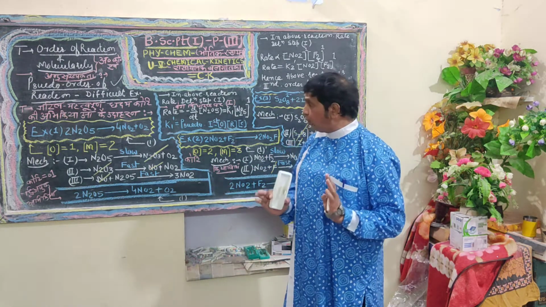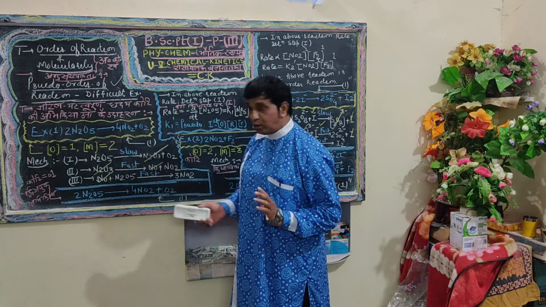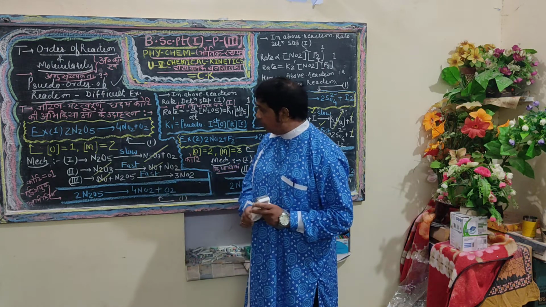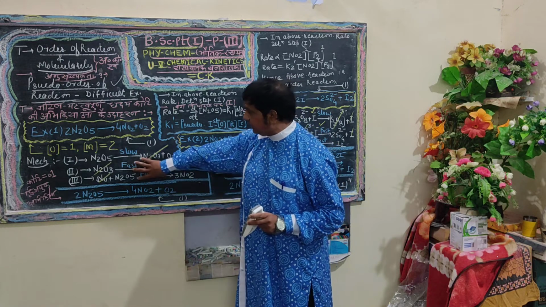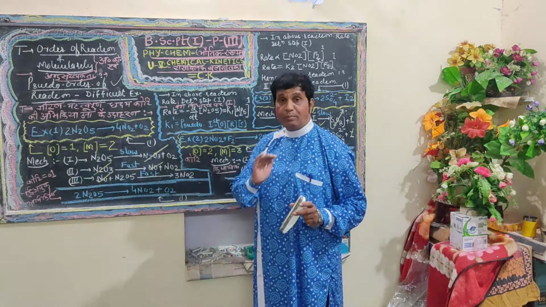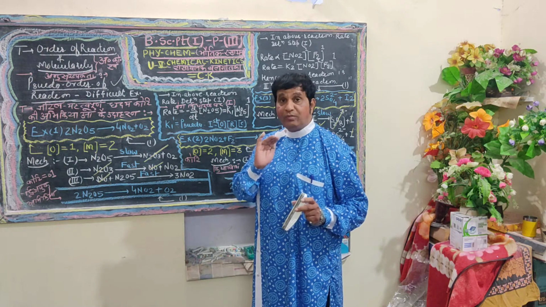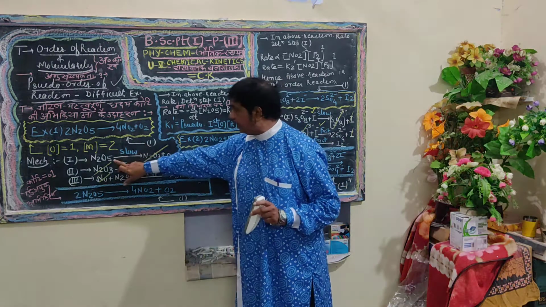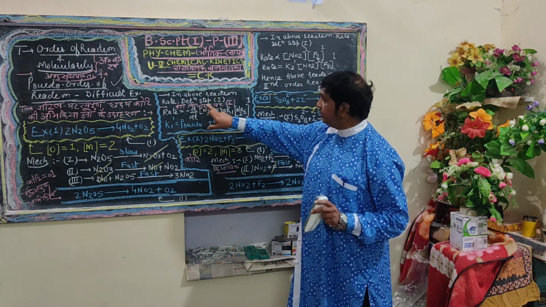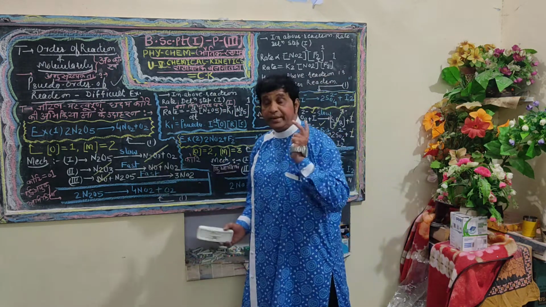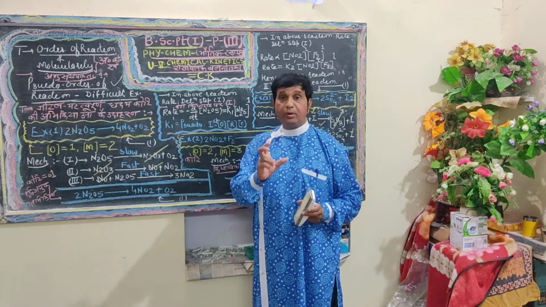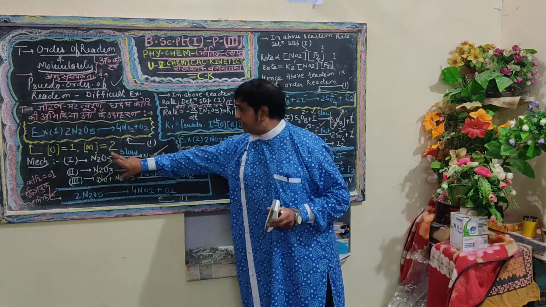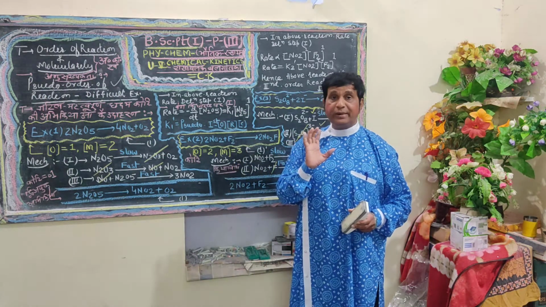Obviously, students of BSc part 1, the first reaction is undergoing slow motion, the second is fast, the third is fast. So according to the law of mass action, we will ignore these two steps and focus on the slow step, the rate determining step, which is the first one. In the rate determining step we have to count how many molecules are present in the slow step. That is N2O5, nitrogen pentoxide.